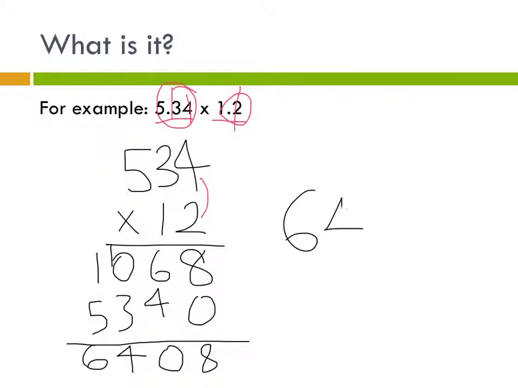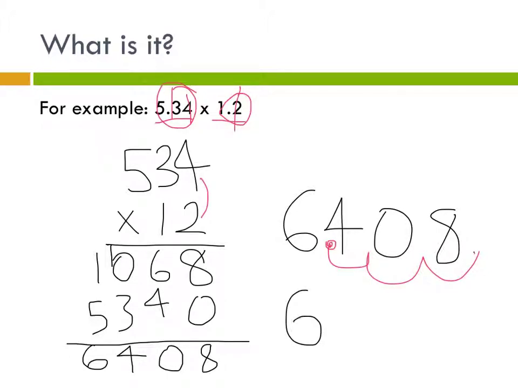What I need to do in my answer is, starting on the far right, count those decimal places. If there's 3 in my question, I need to go 1, 2, 3 and put my decimal in there. So the answer for 5.34 times 1.2 is 6.408. 3 decimal places in the question, I move 3 decimal places, and that's my answer.